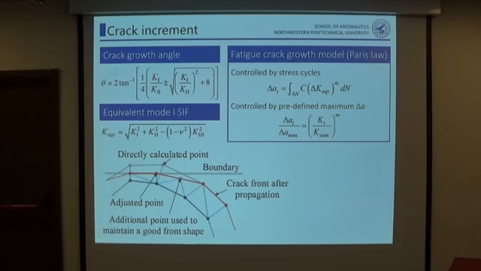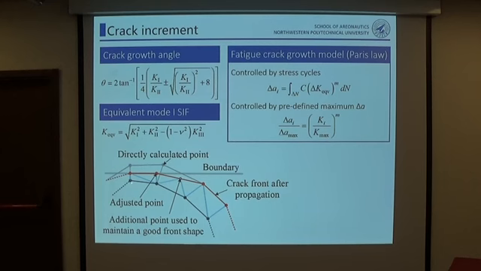And then the crack increments are first calculated on the source points. The crack growth angle is calculated based on the values of mode 1 and mode 2 stress intensity factors, and the Paris law is adopted as the fatigue crack growth model. We can use it both in an N-dominant form and K-dominant form.